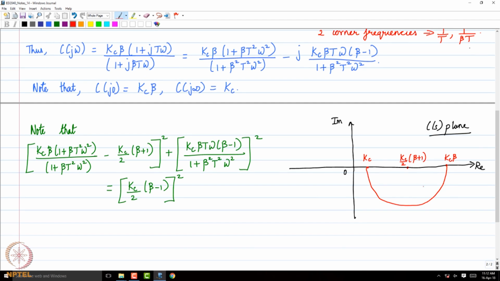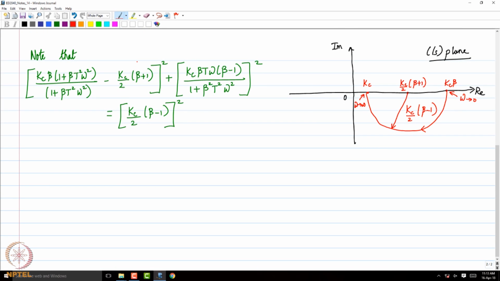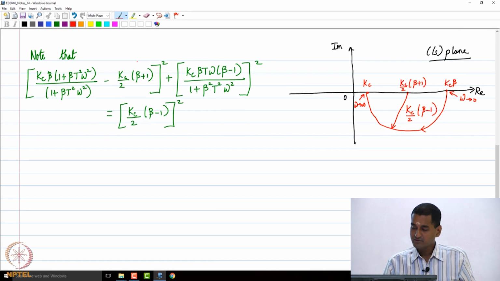It is going to be a semicircular path, and this is where it will start as omega tends to 0. This is where it ends as omega tends to infinity. The radius of this semicircle is going to be Kc by 2 times (beta minus 1). So that is what is going to happen with the Nyquist plot of this particular sinusoidal transfer function.